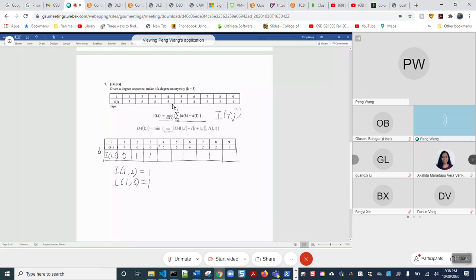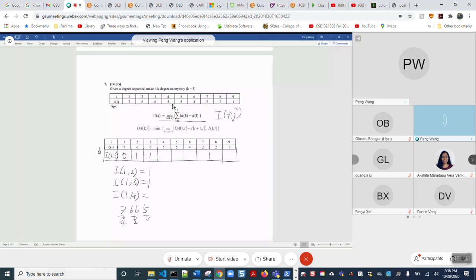Same for I14. I14 is to make 7, 6, 6, 5 the same group. We can make them all 7, all 6, or all 5. If we make all of them 7, the cost will be 4. If all 6, the cost will be 2.